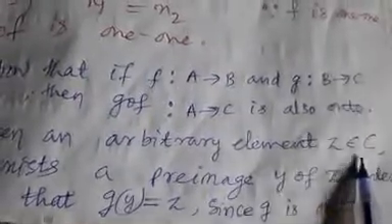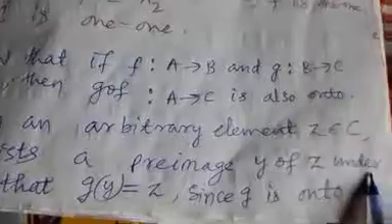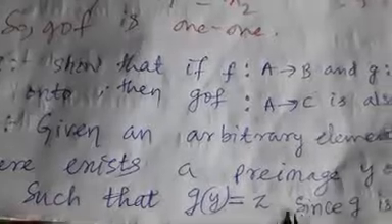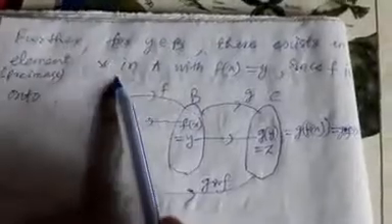Given an arbitrary element z which belongs to C, there exists a pre-image y of z under g such that g of y is equal to z, since g is onto. Further, for y belongs to B, there exists an element x in A under f with f of x is equal to y, since f is onto.